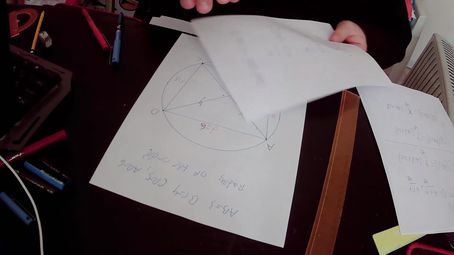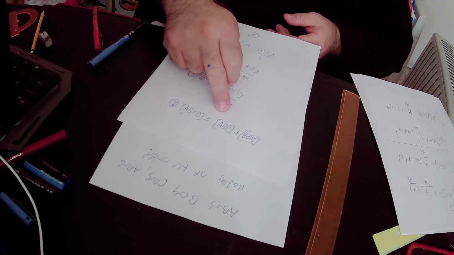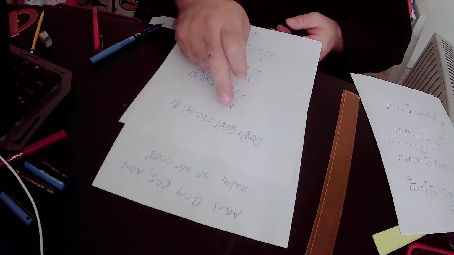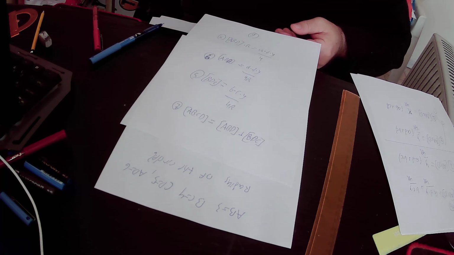Again, the area of quadrilateral ABCD equals the area of triangle ABD plus the area of triangle BDC, and we found the areas of triangle ABD and triangle BDC according to rule number 3.